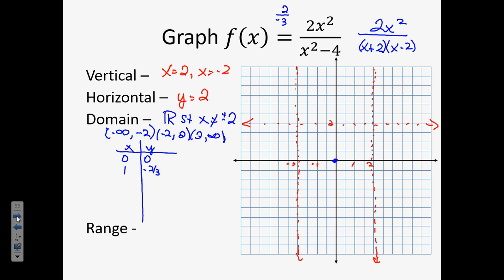What's going to happen at -1? The same thing, -2/3. So when I'm 1 over, I'm going to be at -2/3, not positive 2/3. Use the full eraser. Learning this eraser. All right, so -2/3.